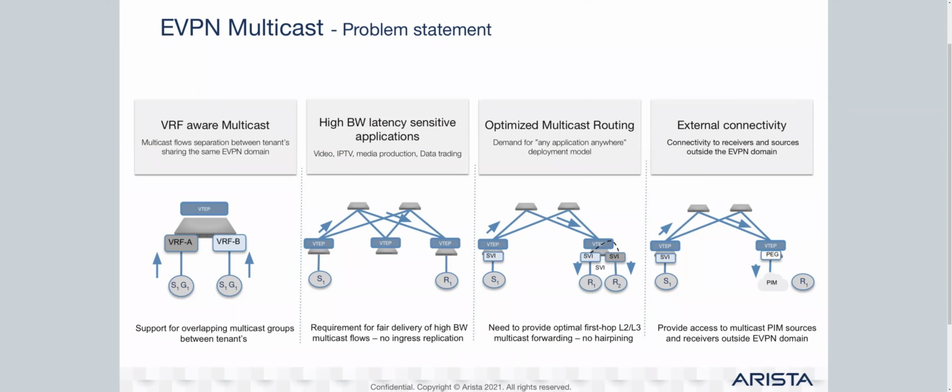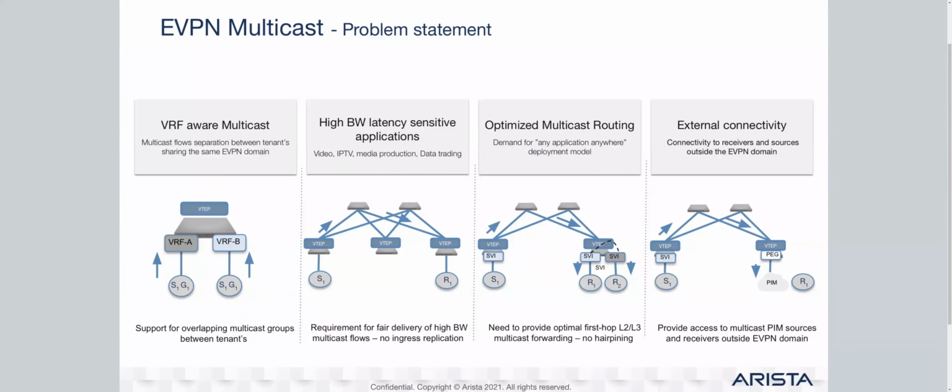multicast. Customers we see are deploying EVPN inside their data center. They use EVPN for their unicast traffic, and they've built multi-tenant environments providing VRF awareness for unicast traffic. Now when we talk about multicast, they're trying to solve similar problems to those they've solved with a unicast deployment.